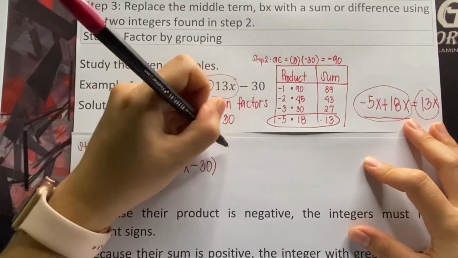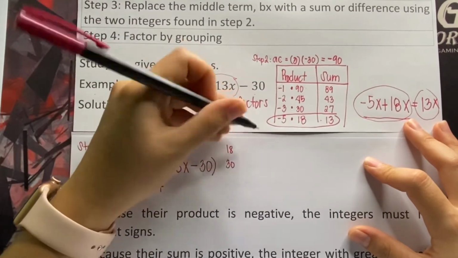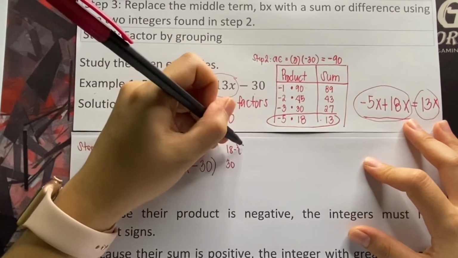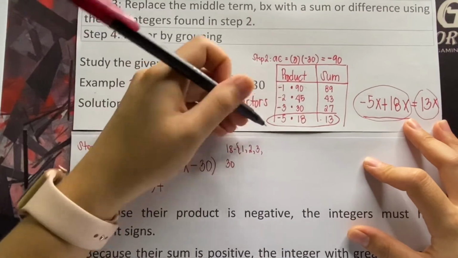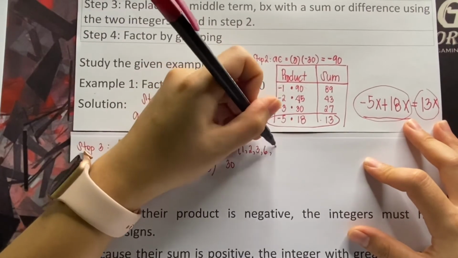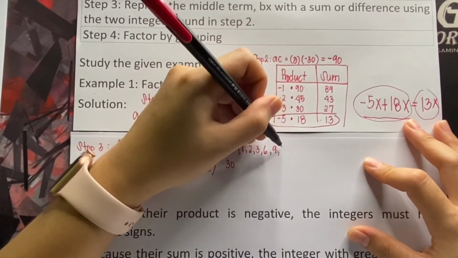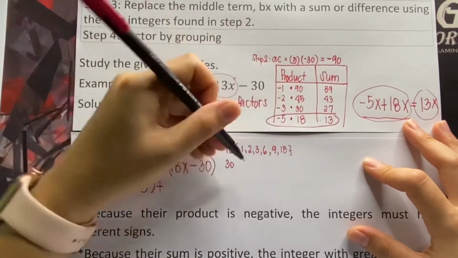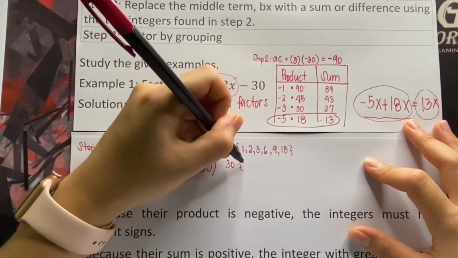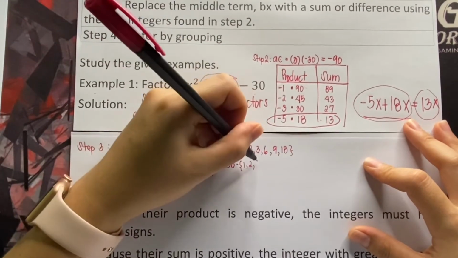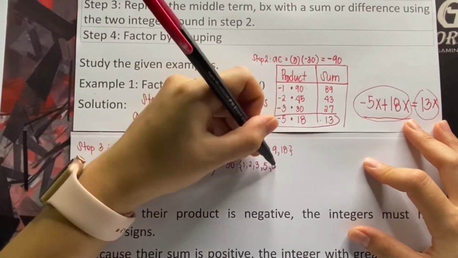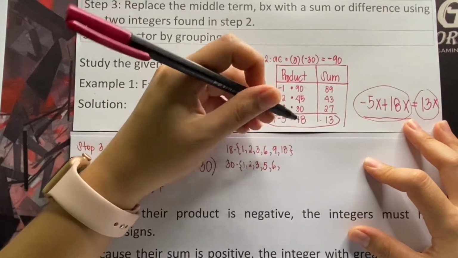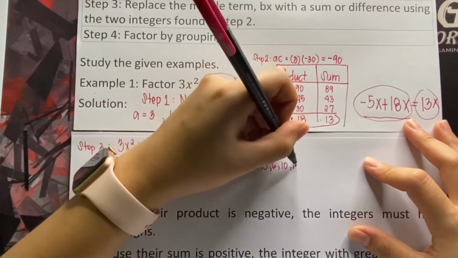Si 18 at 30, merong GCF yan. Ano-ano factor ni 18? 1, 2, 3, 4, hindi. 5, hindi. 6, 9, 18. Yan. Si 30, anong factors? 1, 2, 3, 4, 5, 6, 7, 8, 9, 10, 15, 30.